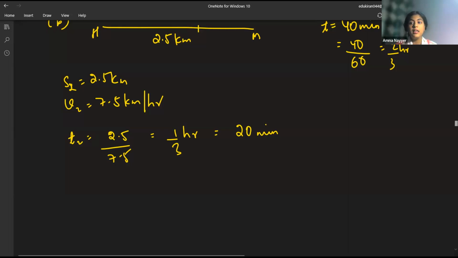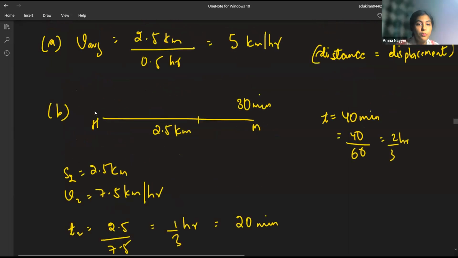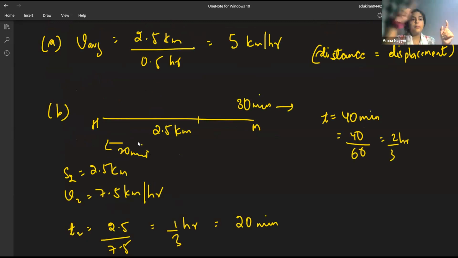It means when the person went from home to market, it took 30 minutes. And when the person is coming from market to home, it takes 20 minutes. So total becomes 50. It means around 50 minutes, the person will be back home. But do we need 50 minutes? We need 40 minutes.